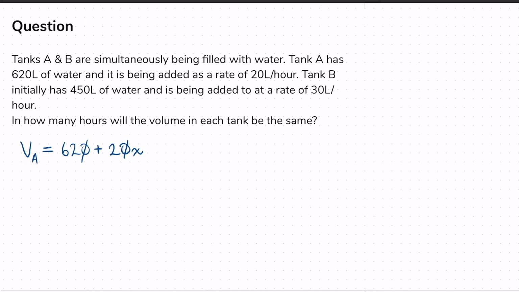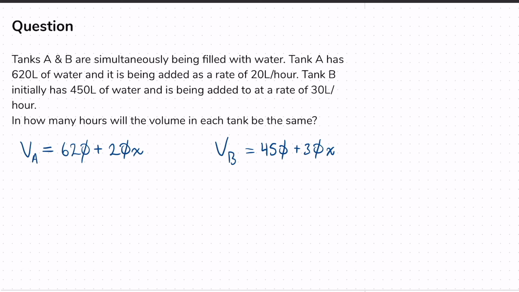Let's look at the next one here. In tank B, we start off with less water, 450, but we're increasing at a higher rate, more water per hour. So in how many hours will they be the same?